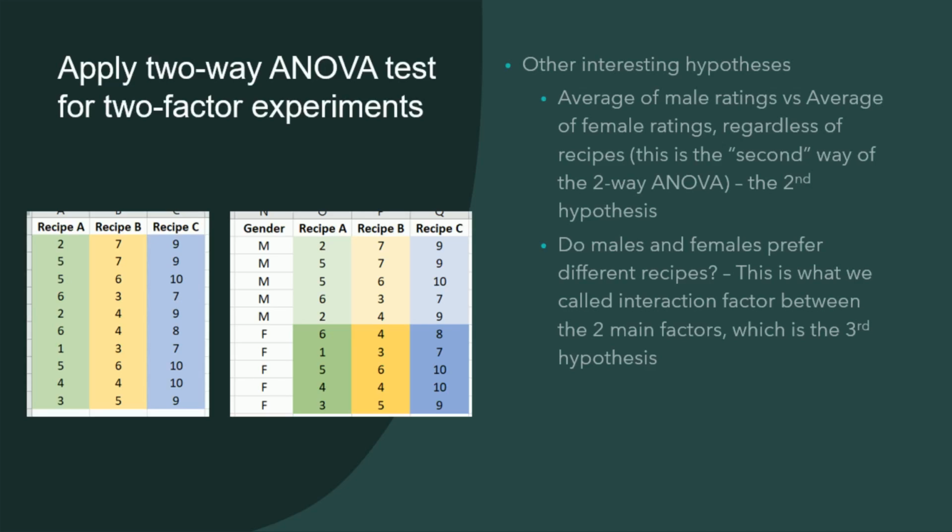In this second hypothesis, we look at the average of male ratings versus the average of female ratings, regardless of recipes. The third hypothesis is that there is no interaction between the first and second factor. That is, there is no interaction between recipes and gender. This is known as the interaction factor between the 2 main factors. Or in practical terms, do males and females prefer different recipes?